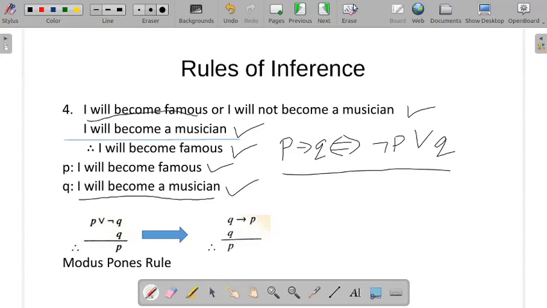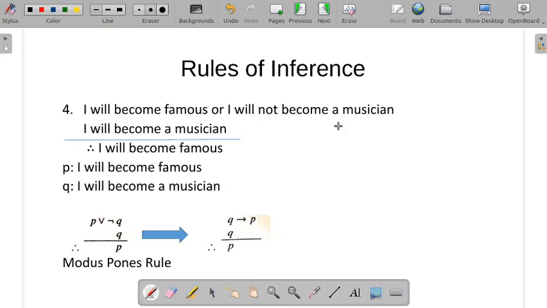So P conditional Q can be written as negation P or Q, or Q conditional P can be written as negation Q or P. With this we'll continue with the problem.